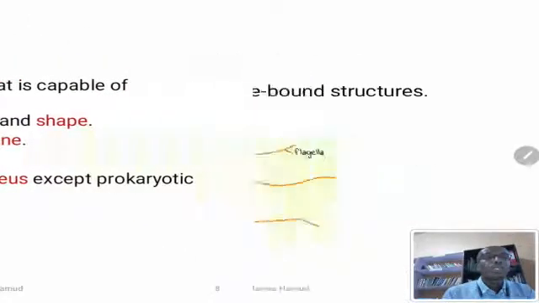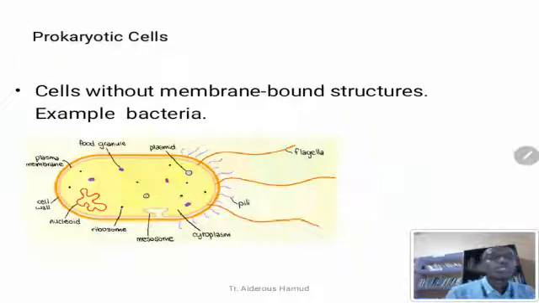Okay, let's look at the types of cells: prokaryotic cells and eukaryotic cells. Prokaryotic cells are the cells that lack membrane-bound structures.